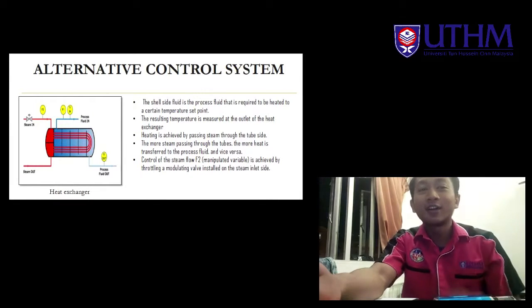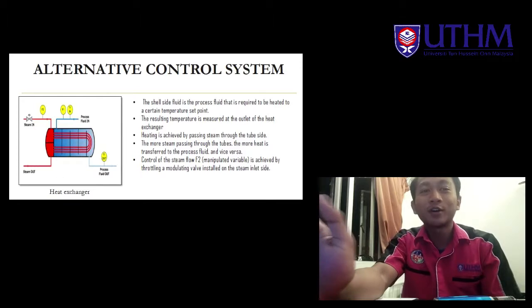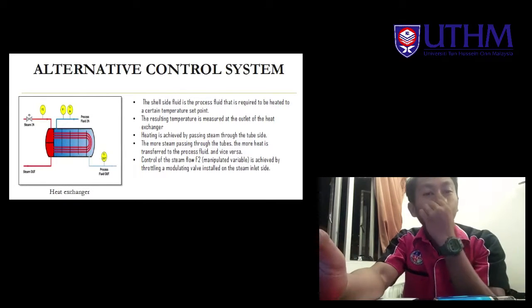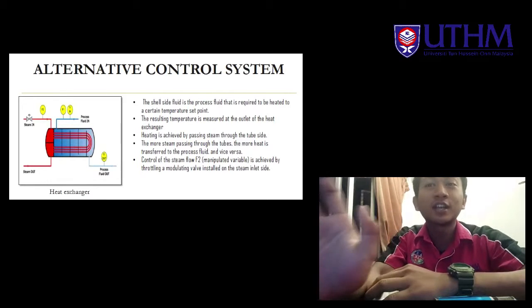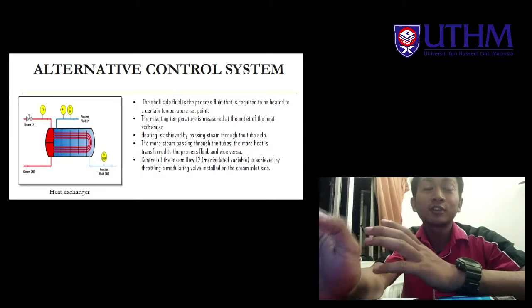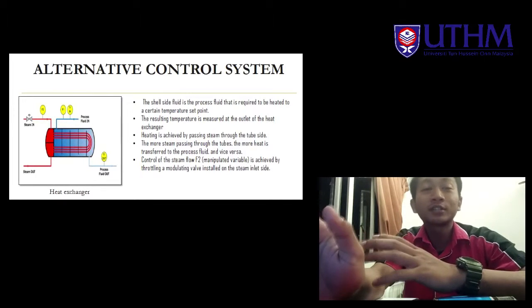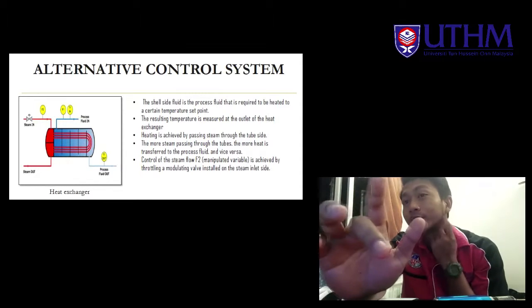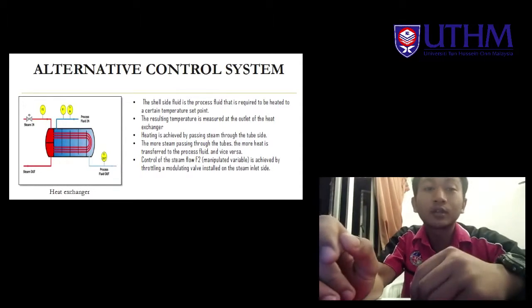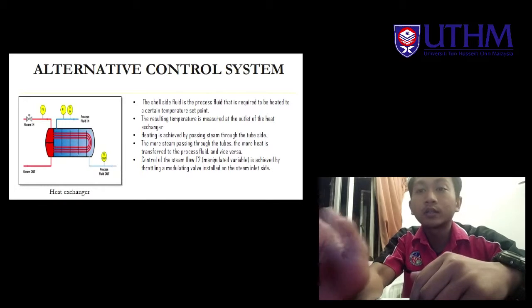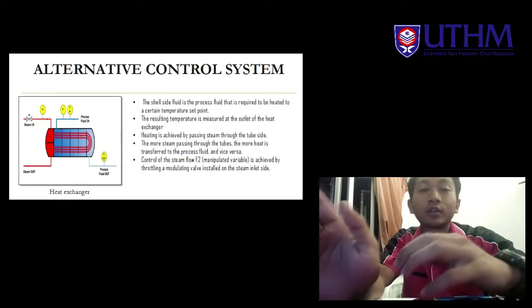Hello, now I will present about the alternative control system for the heat exchanger. First, the shell side fluid is the process fluid that is required to be heated to a certain temperature set point. We set the temperature and then the fluid will be heated to the set temperature. Then the resulting temperature is measured at the outlet of the heat exchanger.